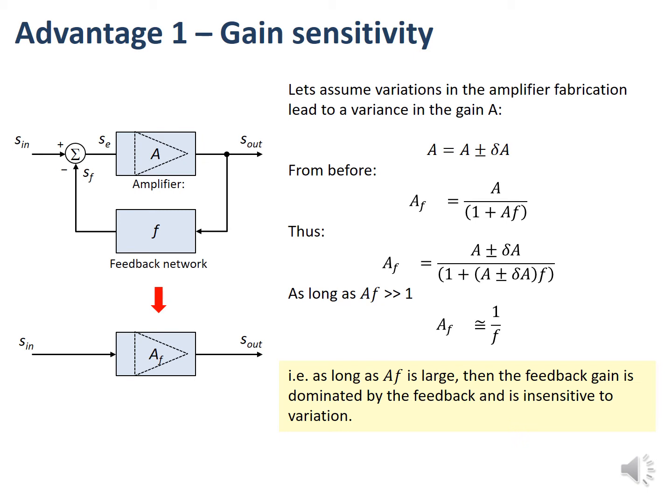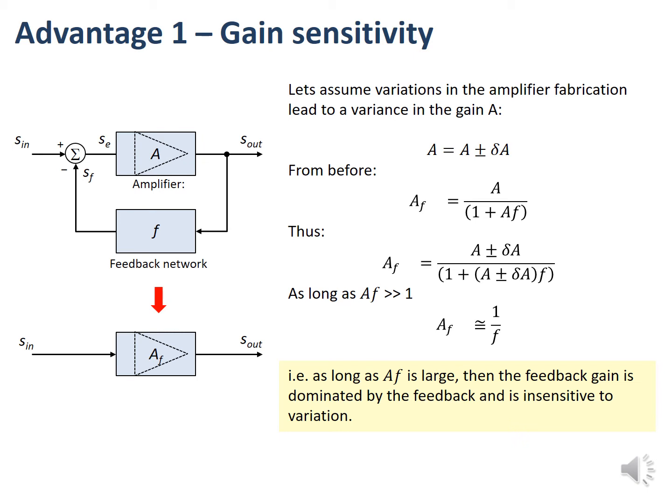We can represent that mathematically by saying that the amplifier gain now changes to A plus delta A or A minus delta A. Then the actual amplification of the whole circuit, A little f, is given by A over 1 plus AF, as we had before. If I now replace A with A plus or minus delta A, then I can multiply that all out again and work out the effects of those deltas.